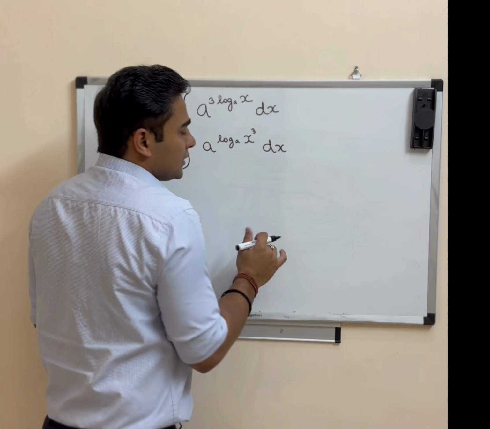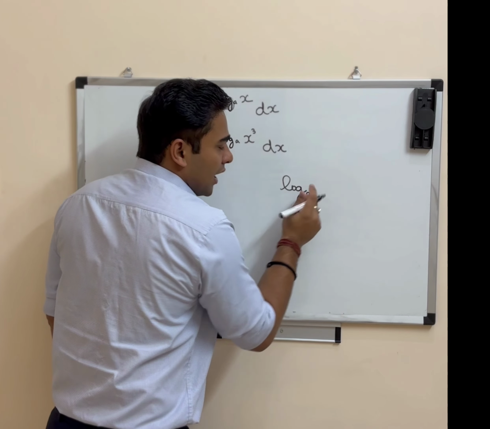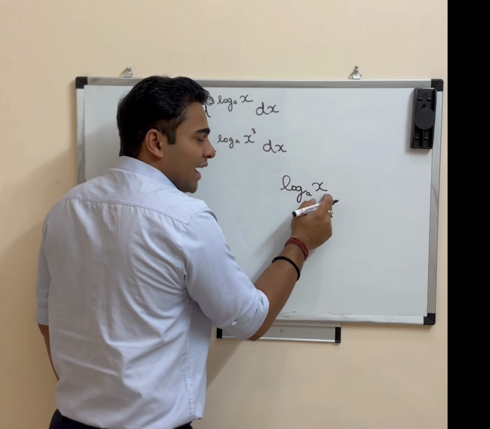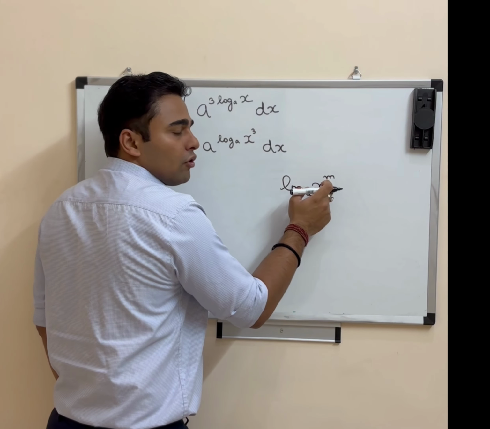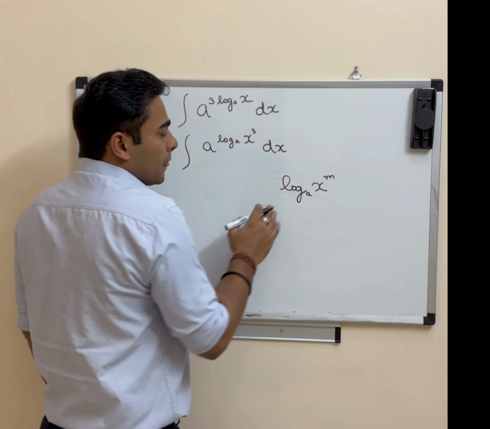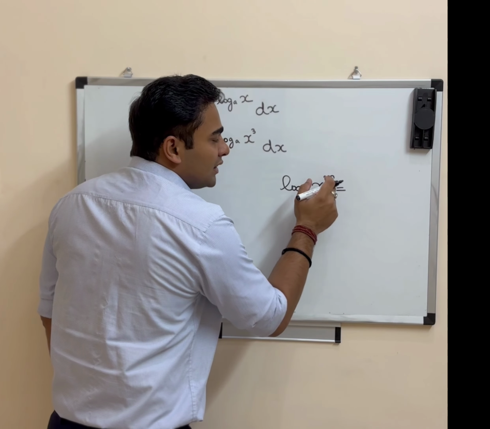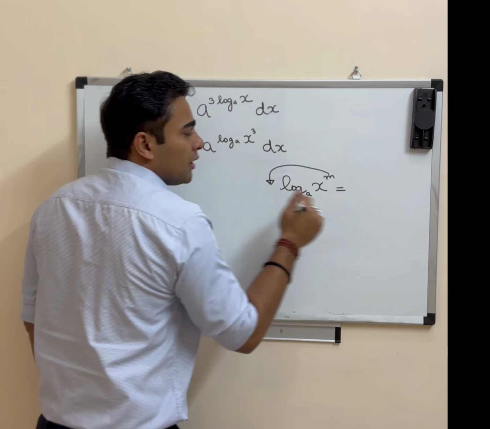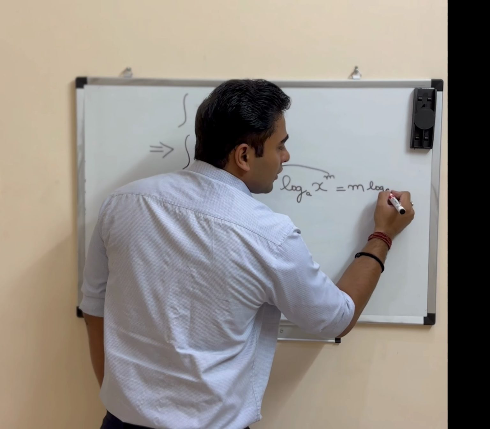Let's say you have a log which is having a base a, and there is a variable x, and there is a constant over the power of x. So this is log base a x raised to the power m. I can write that this power will come up here, and it would turn out to be m log base a x.